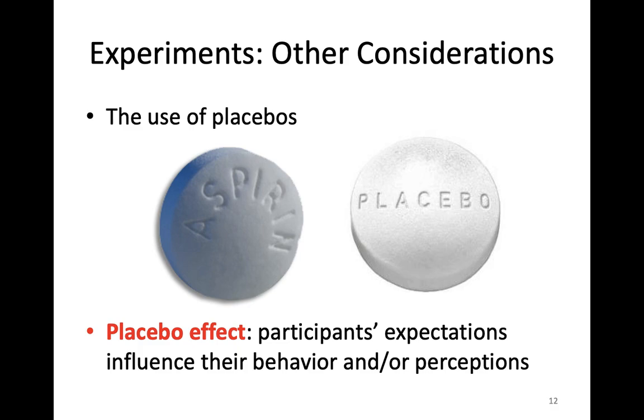So what can sometimes happen is what is known as a placebo effect. This is when participants' own expectations influence their behavior or perceptions. So the belief that there's going to be some medicine or treatment can create the perception that there will be a therapeutic effect, and people feel as though their condition is being improved.